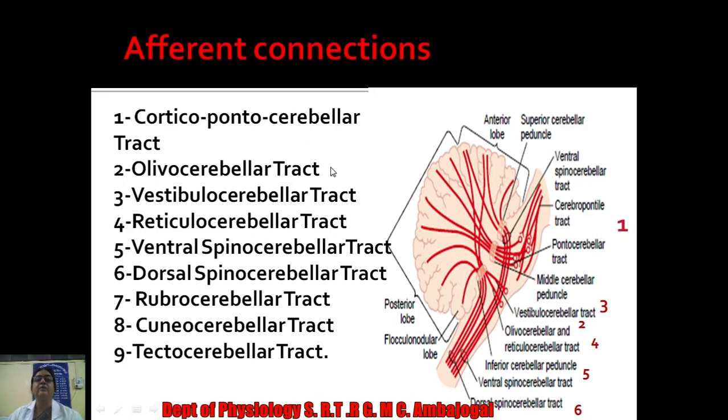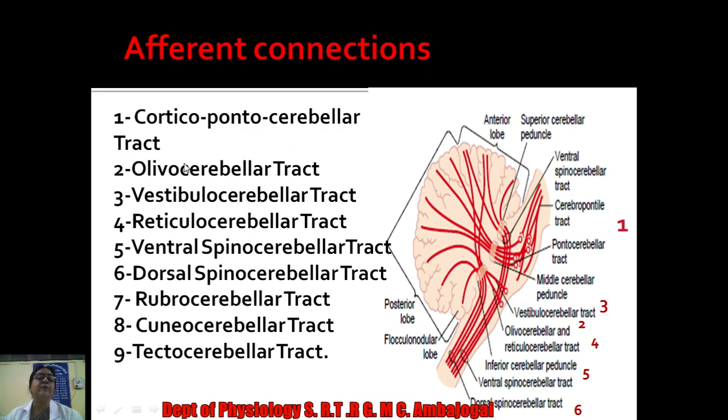The next important tract is the pontocerebellar tract, which enters the cerebellar hemisphere via the superior cerebellar peduncle. Now the next important tract is the olivocerebellar tract. As the name says, these fibers arise from the inferior olivary nucleus on the opposite side.